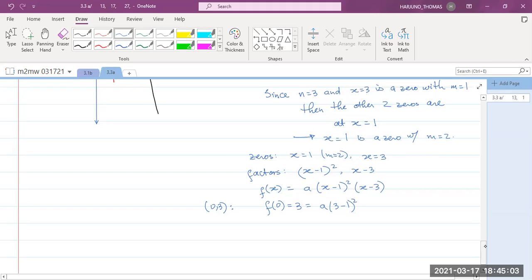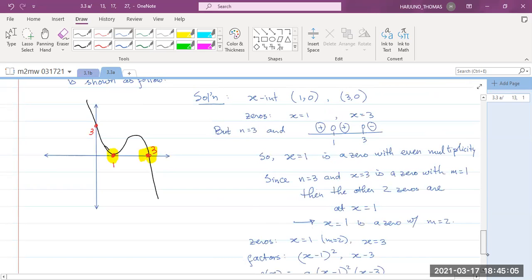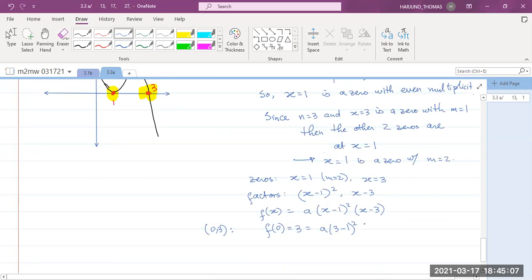No, 0 minus 1, not 3 minus 1. 0 minus 1 squared and 0 minus 3. So 3 equals a times (-1) squared times (-3). That's basically -3a. From there, we see that a equals -1.